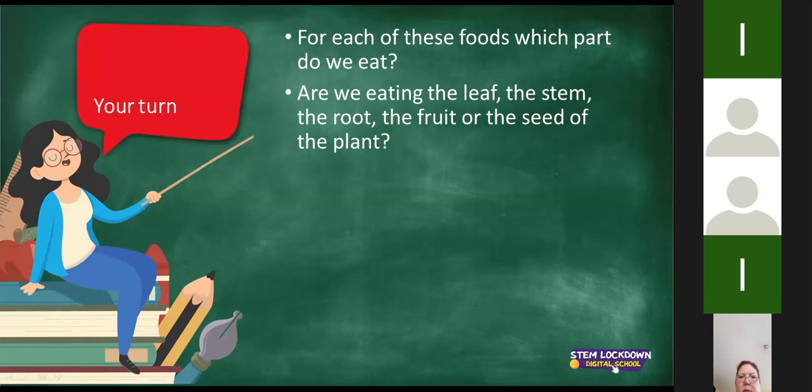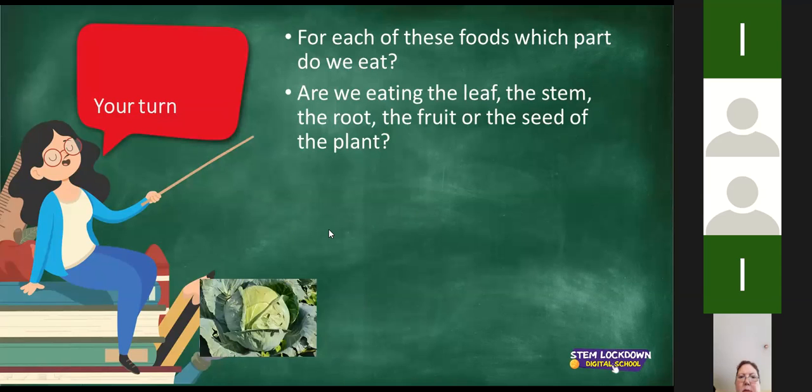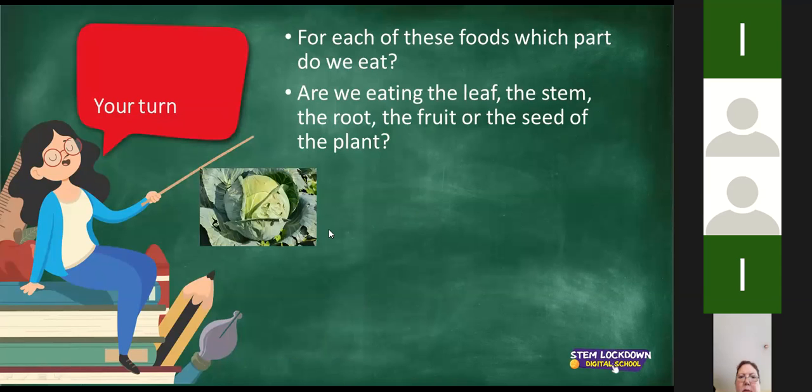Right, here is the first one. Here's a cabbage. Which part of the cabbage do we eat? Are we eating the leaves, the stem, the seed, the roots? All right, we are eating the leaves. Excellent, guys. We're actually eating the leaves of the cabbage.